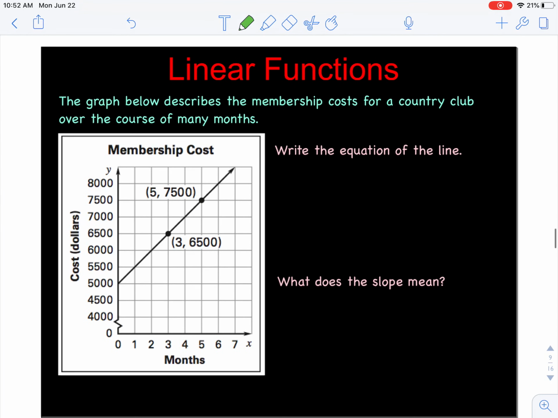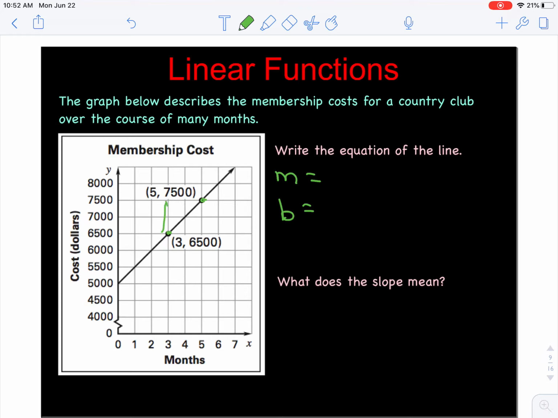So let's look at an application here. The graph below describes the membership cost for a country club over the course of 3 months. Write the equation of the line, and what does the slope mean? Well, if I write the equation of the line, I'm going to want to find the slope and the y-intercept. Here are 2 points on my line, and I can use the slope formula y2 minus y1 over x2 minus x1.